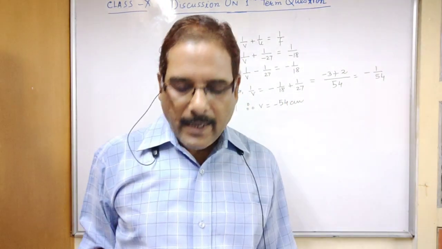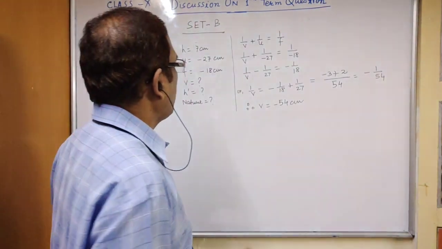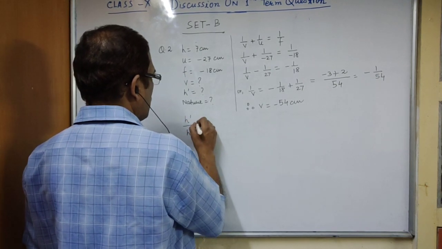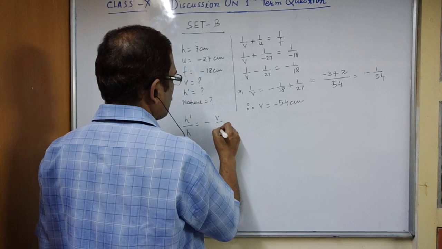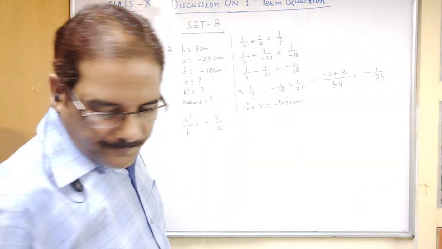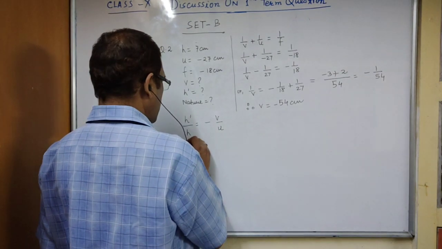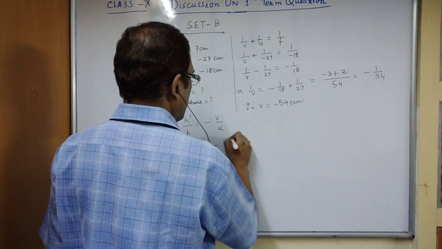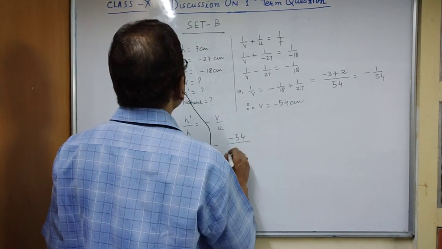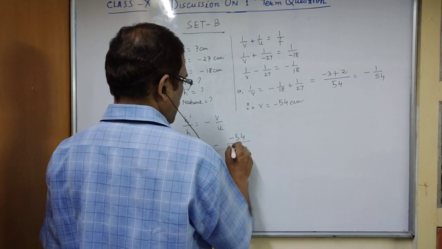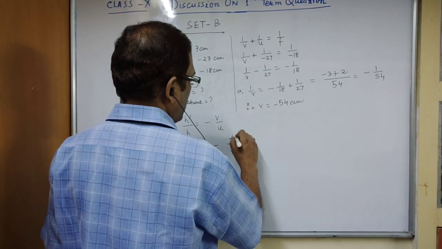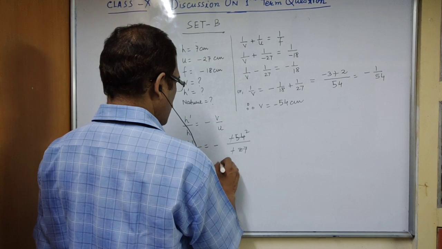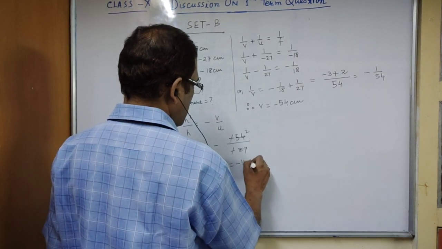Isn't it? Then you have to calculate the height of the image. So use this formula, h dash by h is equal to minus v by u. h dash we have to calculate. h is 7, minus v is minus 54 and u is minus 27. This minus minus cancel. So h dash is equal to minus 2 into 7, so minus 14 centimeter.